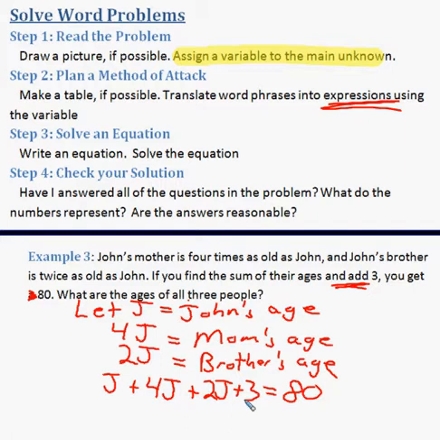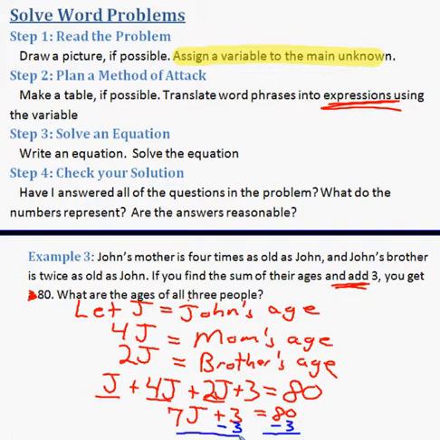And so now we have an equation that we can work with, and we can simplify the left side first. We have J plus 4J plus 2J, which is 7J plus 3 equals 80. And now we can solve that pretty easily. We're going to subtract 3 from both sides. I'm going to run out of room here at the bottom, so I'm going to move up a little bit.